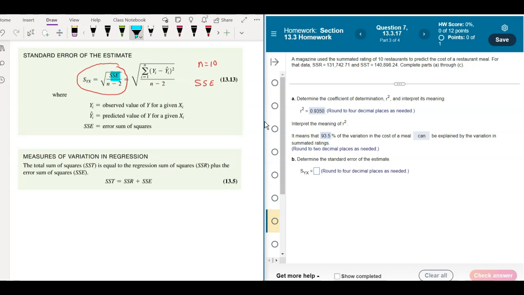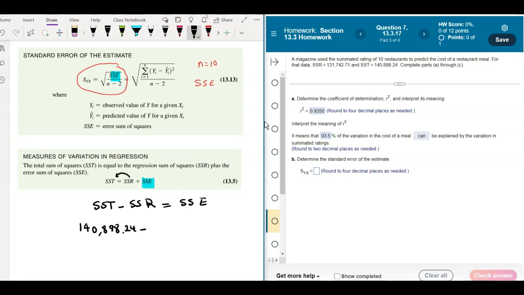For this purpose, we're going to use the following formula. So you see the SSE here. If I want to solve for the SSE, sum square error, I just have to move this one to this side. So the sum square total minus the sum square regression should give me the sum square error. That's the number I want, right? So we can plug in the numbers. The sum square total is going to be 140,898.24.